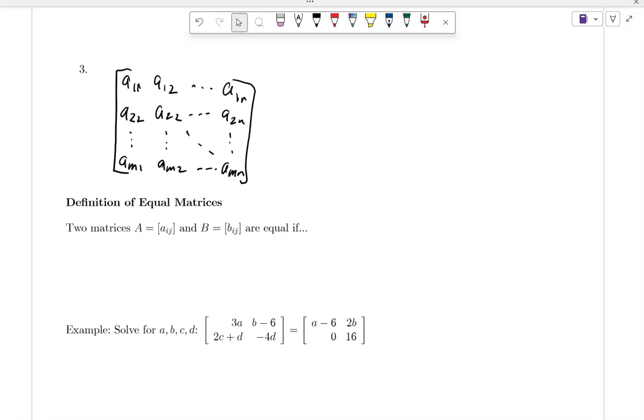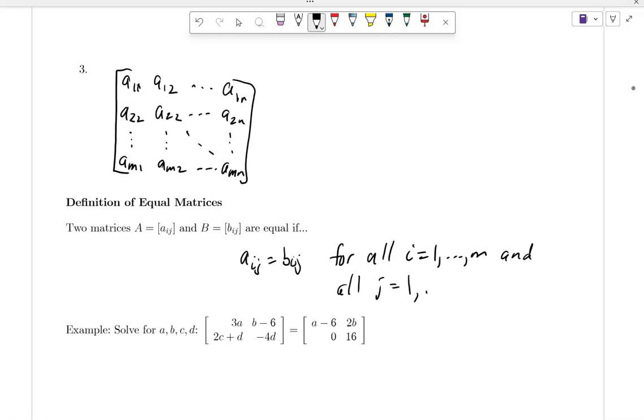So we already know that two matrices are going to be equal if all their entries match up. So we just say that a sub ij is equal to b sub ij, and this has to be true for all i that run down the rows and all j that run across the columns.